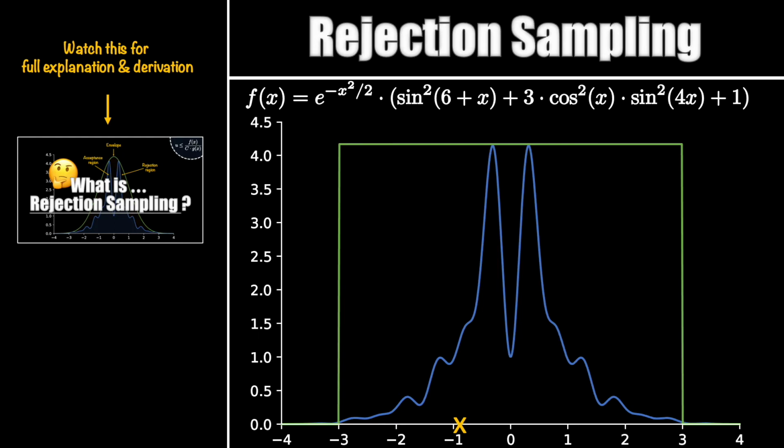And our task is to make a call on whether we should accept it or reject it. Note that it is indeed a valid sample for our target distribution because it falls in the support of the target function. But we need a criteria that should help us accept it in accordance with its plausibility.